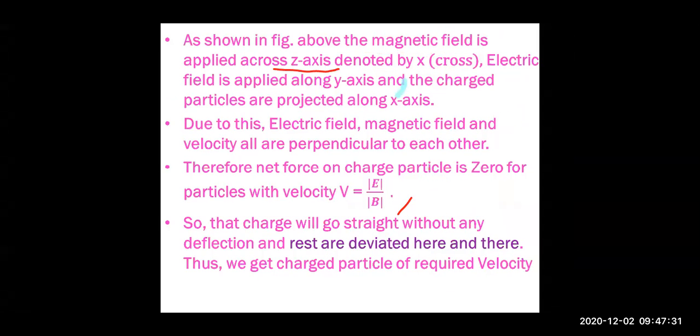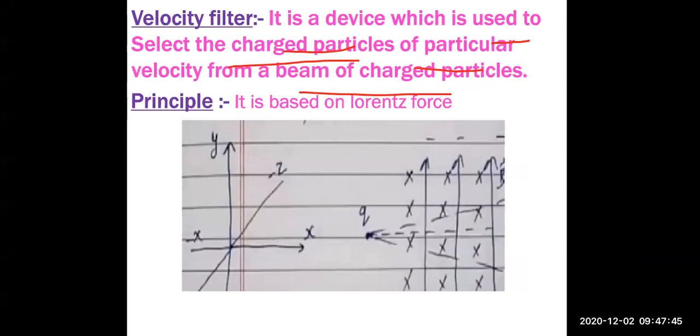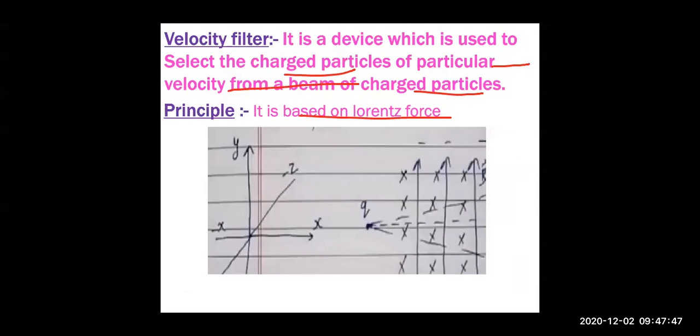Now we should be having an electric field, so the magnetic field is along the z-axis, the electric field is along the y-axis, and the particle is moving, we are throwing the particle in the x direction. So if you see the diagram here, inside the paper means along the z-axis we are having the magnetic field B, right?